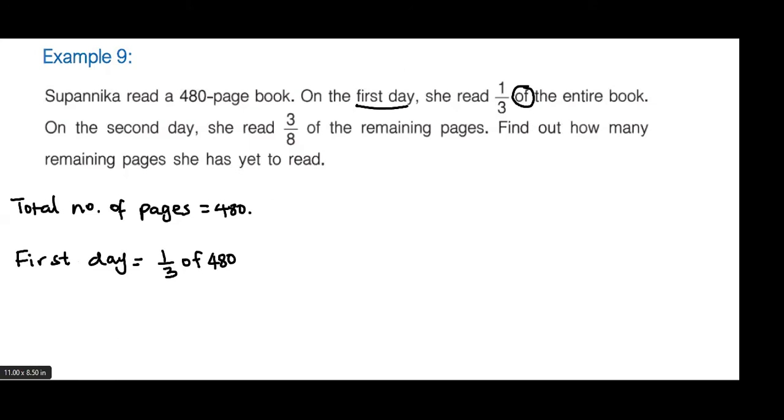Okay. Yes. So remember, of means times. So it means that it is 1 out of 3 times 480. Let's divide. What do we get? 480 divided by 3, we check 4 by 3, we get 1, remainder 1. 18 divided by 3, we get 6.